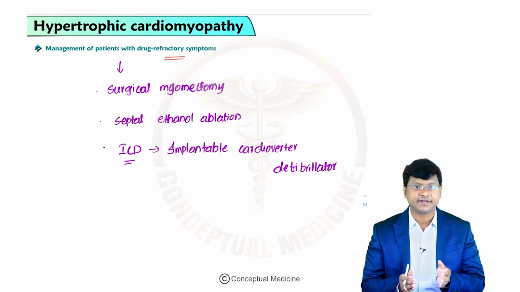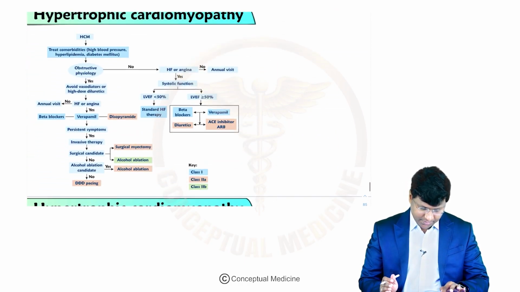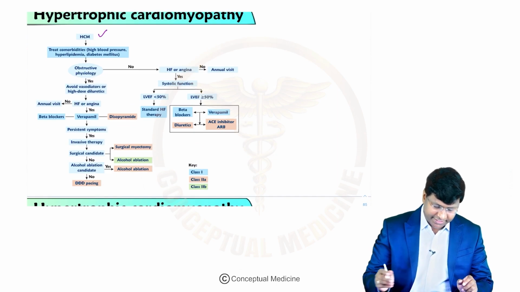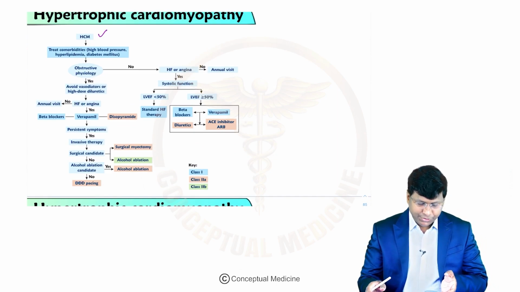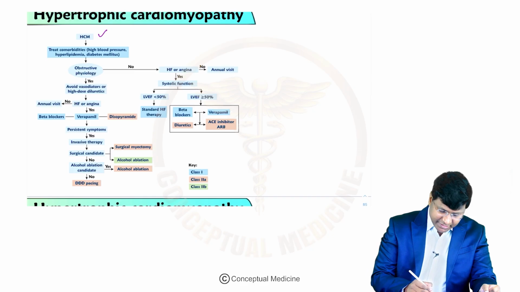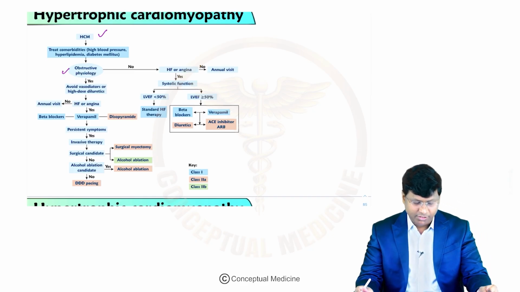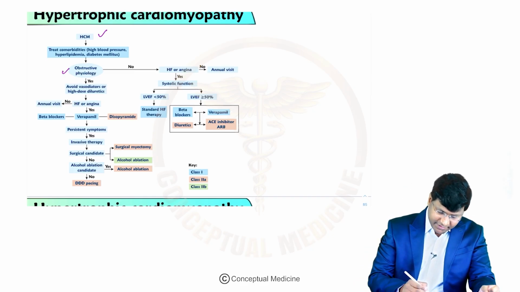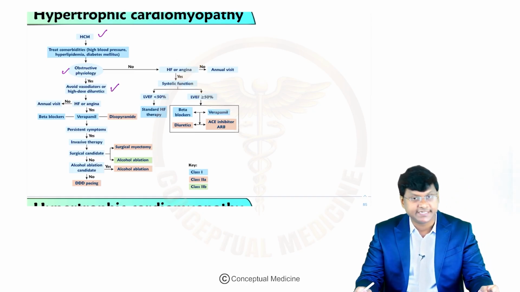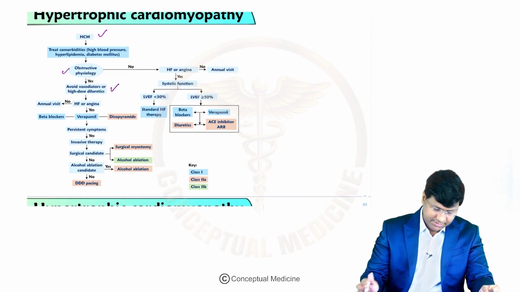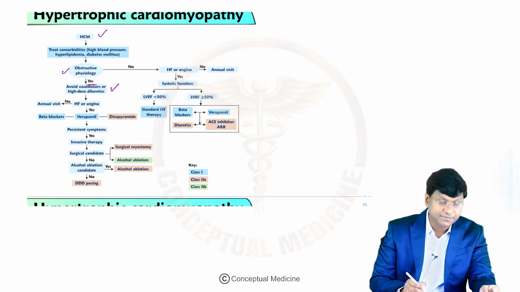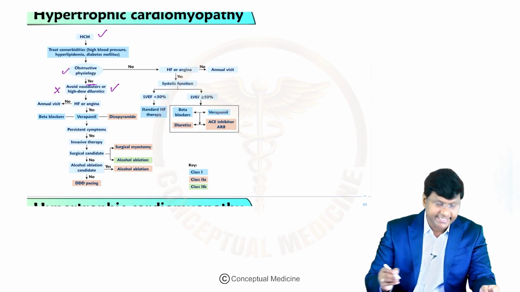Now, to summarize the treatment, in patients with hypertrophic cardiomyopathy, you need to look for whether obstructive physiology is present or not. If obstructive physiology is present, then you need to avoid the vasodilators and diuretics.